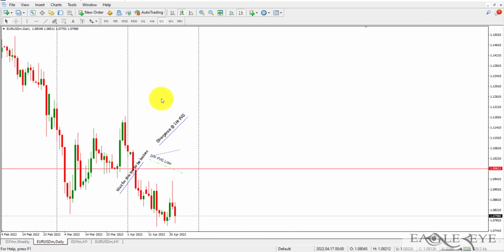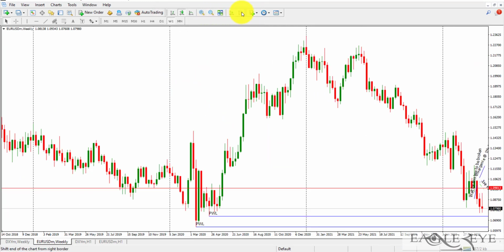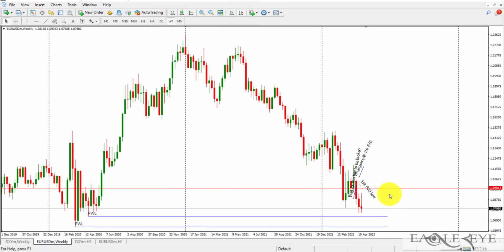Alright, so let's head to the USD. Even though the dollar has been taking out the highs as I was expecting, the USD has not taken out the previous weekly lows that I was expecting.